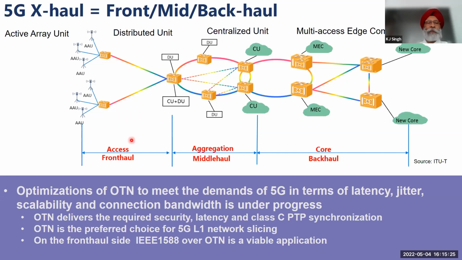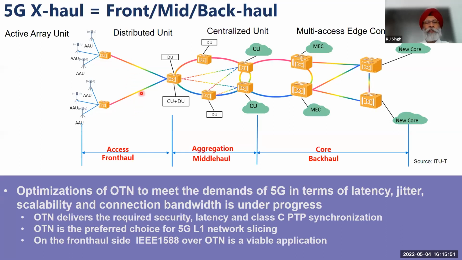There is something called front haul, which is from the electronics to the antennas and the radio units. You can think of this as a radio unit, which has the power amp and the other signals used to drive the radio signals. That can be over OTN or DWDM.